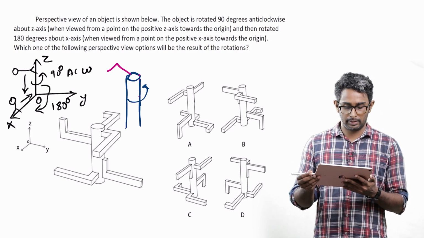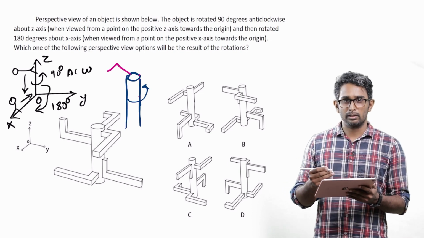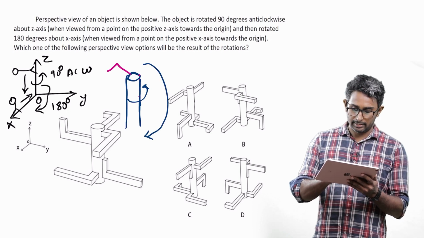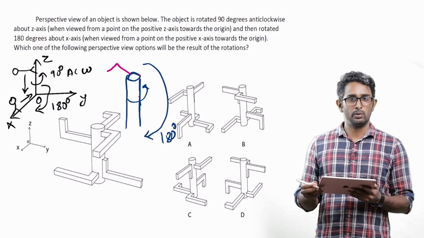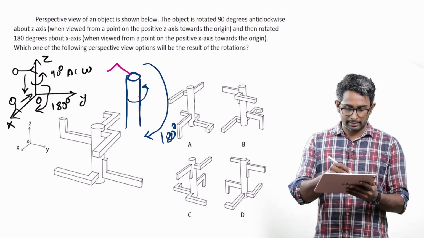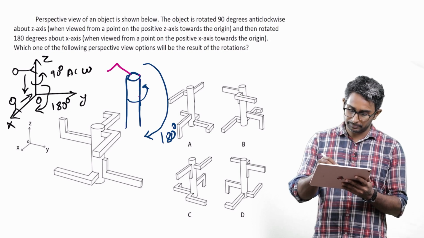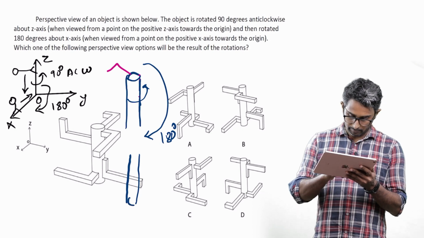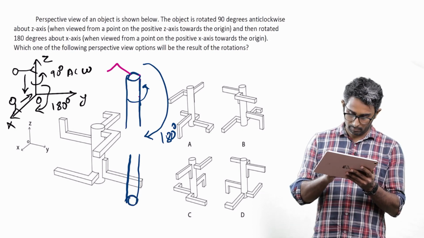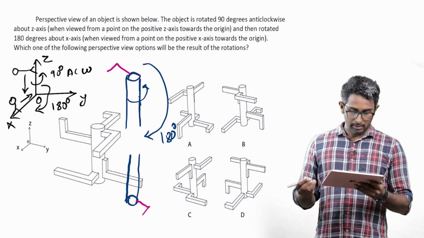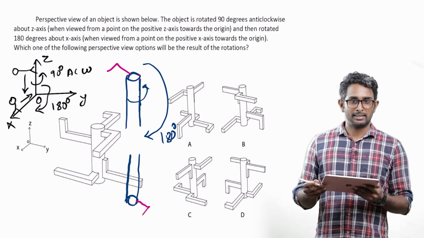Now again we have to do one more rotation, 180 degrees with respect to the x-axis. It is like just flipping or mirroring the whole image. If you do that, the image will come out something like this.